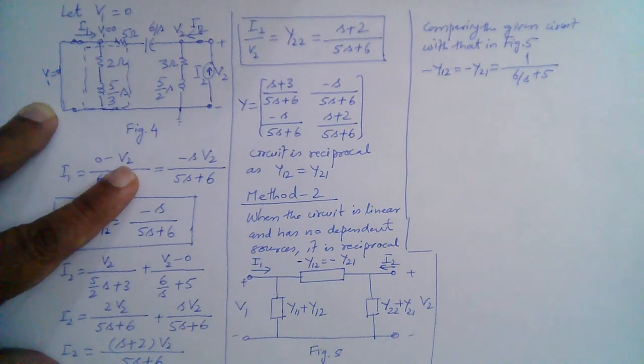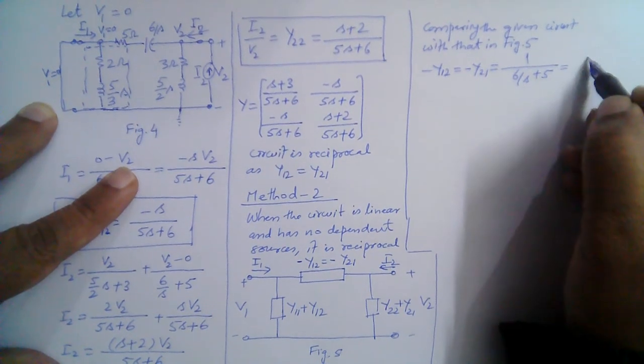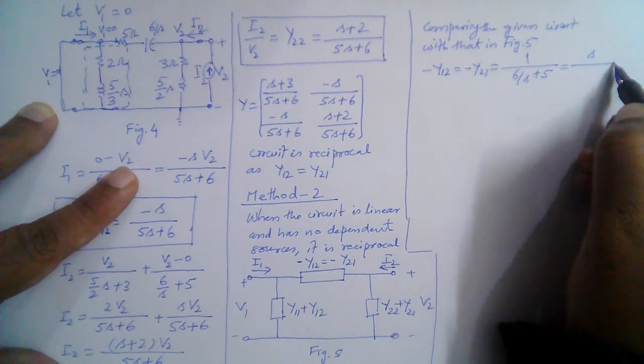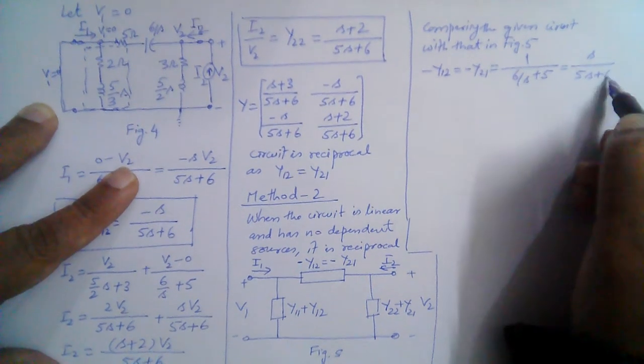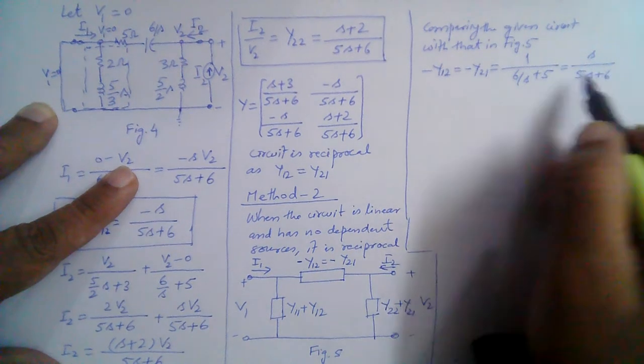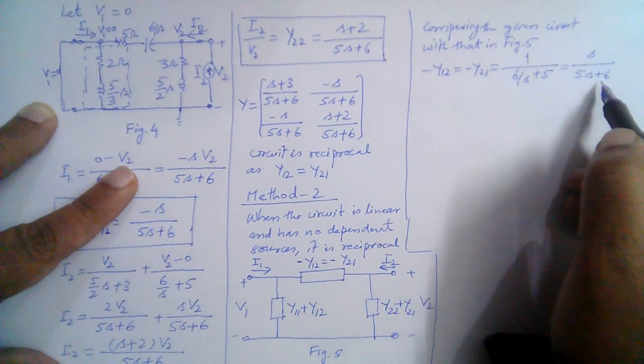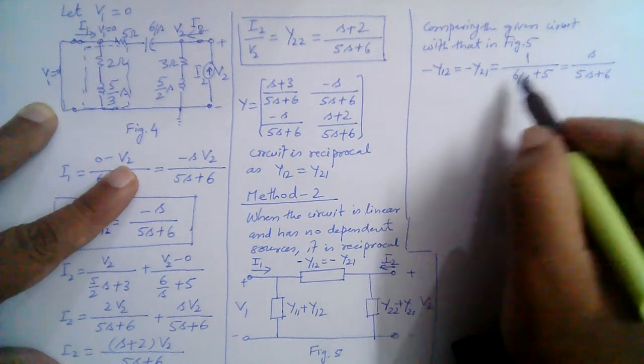So that is equal to s over 5s plus 6. So minus Y12 or minus Y21 is equal to this one, and Y12 or Y21 is equal to minus s over 5s plus 6. We multiply both sides with minus 1, right?